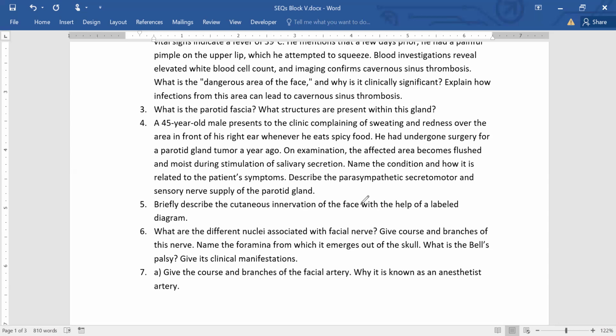Because anesthetists usually take the pulse from the face where the artery enters the face from the base of the mandible, along the anterior border of the masseter. The anesthetist feels this artery here and can count the pulse easily from here. That's why it is known as the anesthetist artery.